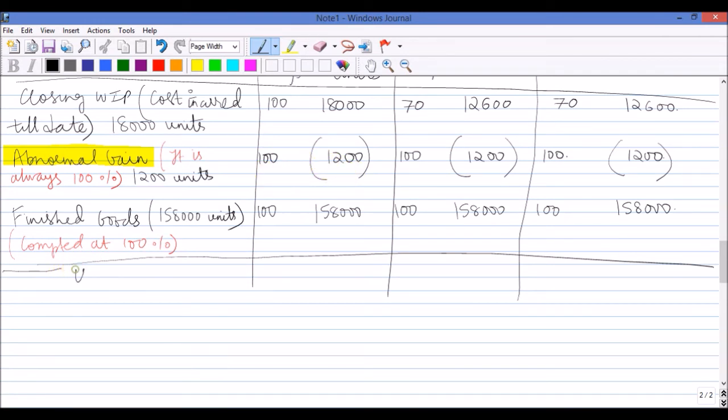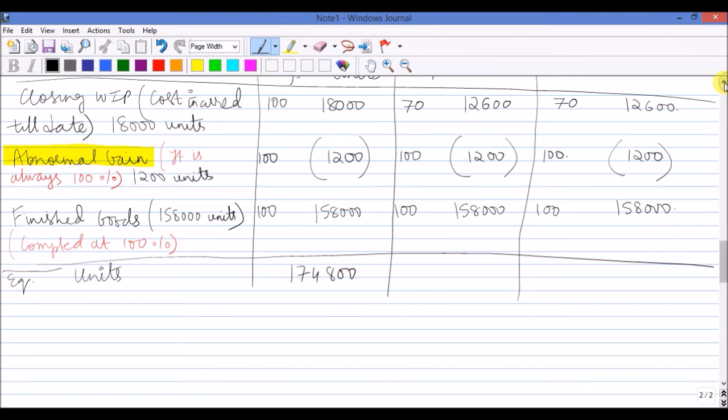So we are going to get the units now, and these are nothing but equivalent units. So 18,000 minus 1200 plus 1,58,000 is going to give me 174,800 units.